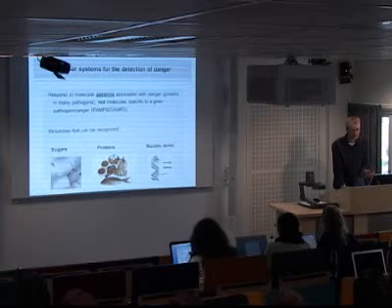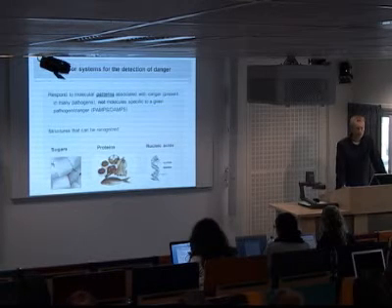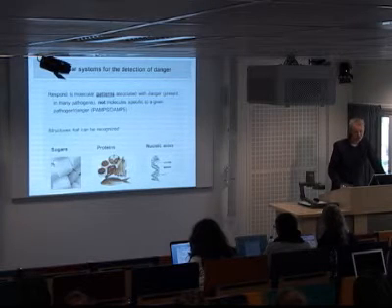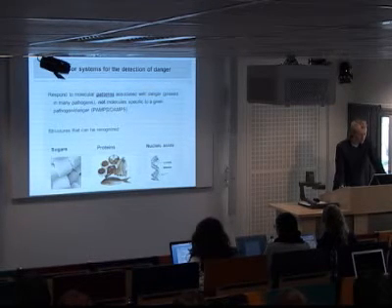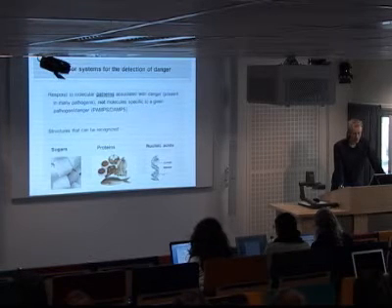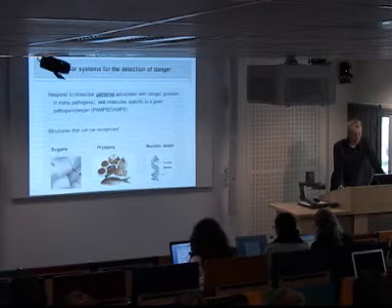The cells and molecules that are part of the innate immune system only respond to patterns that are characteristic of many pathogens or many dangers. These are called pathogen-associated molecular patterns, or PAMPs, or danger-associated molecular patterns, DAMPs.